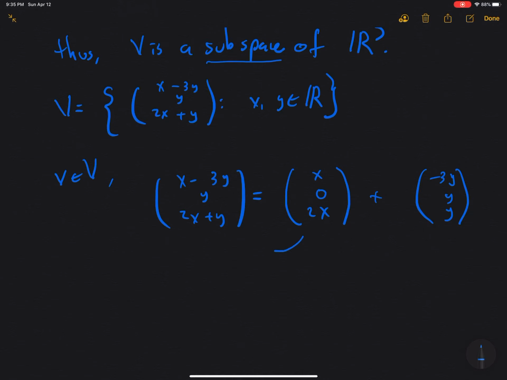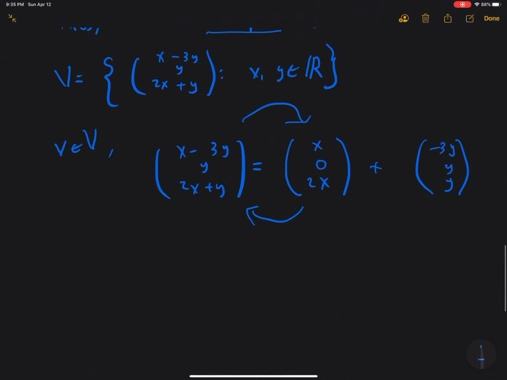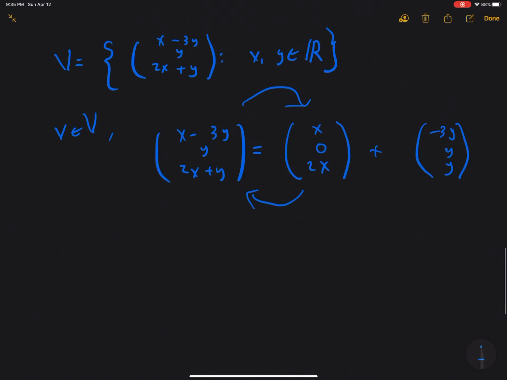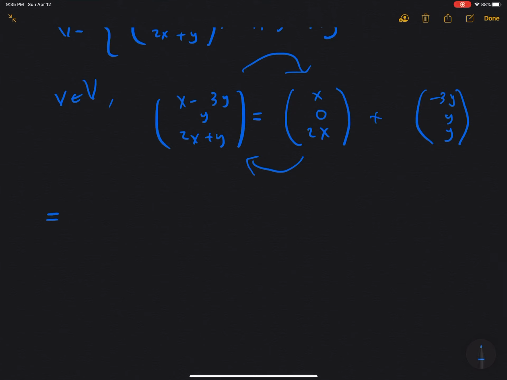Basically, we're doing just reverse engineering of this. And now the next step that I can do, I can not only add things, but I can also multiply by scalars. So I'm going to do the inverse of distributing a scalar. That means I can factor a scalar out.